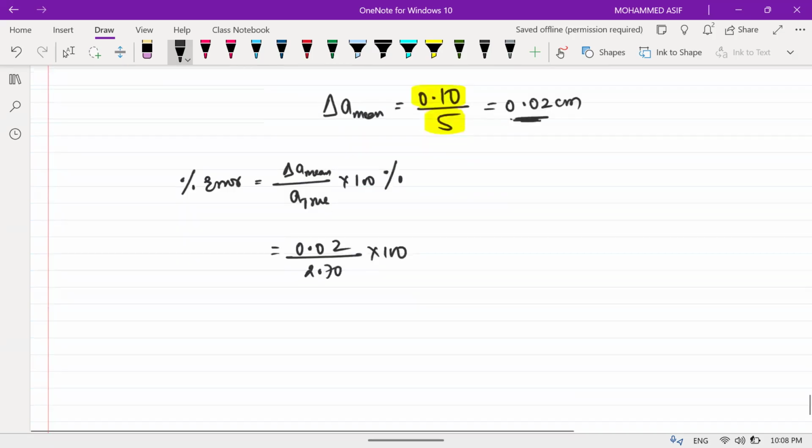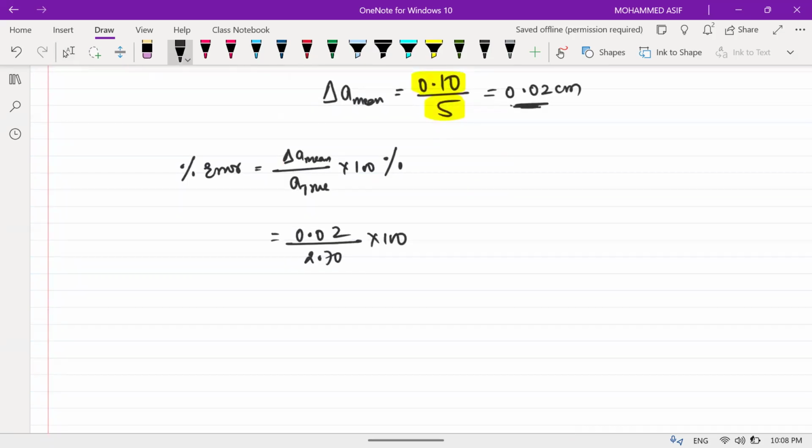I'll keep this value as it is. So this will be 0.02 into 100, so it is 2 divided by 2.70, percent.